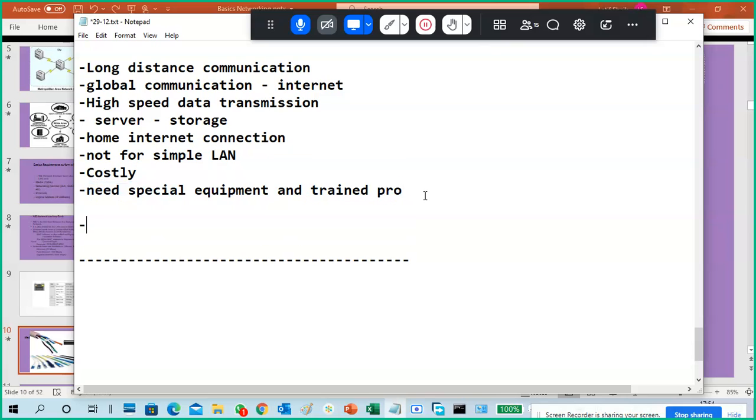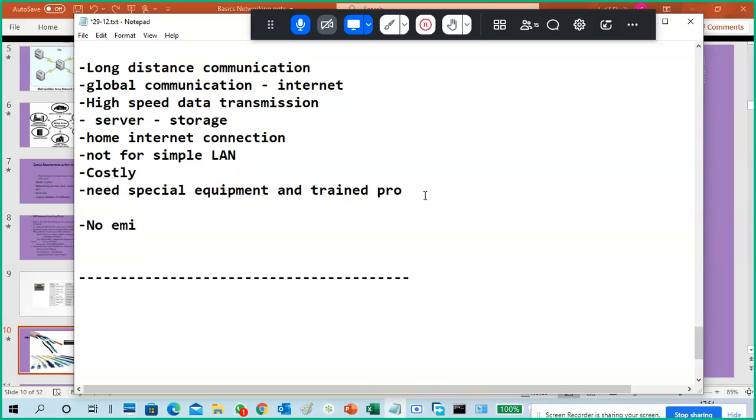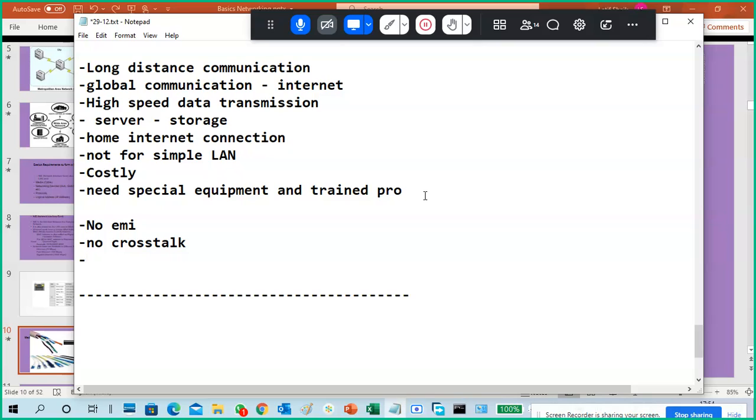Another advantage is no electromagnetic interference and no crosstalk. The signal is light, not an electrical signal, and there are no metals, so there is no problem with electromagnetic interference and crosstalk.